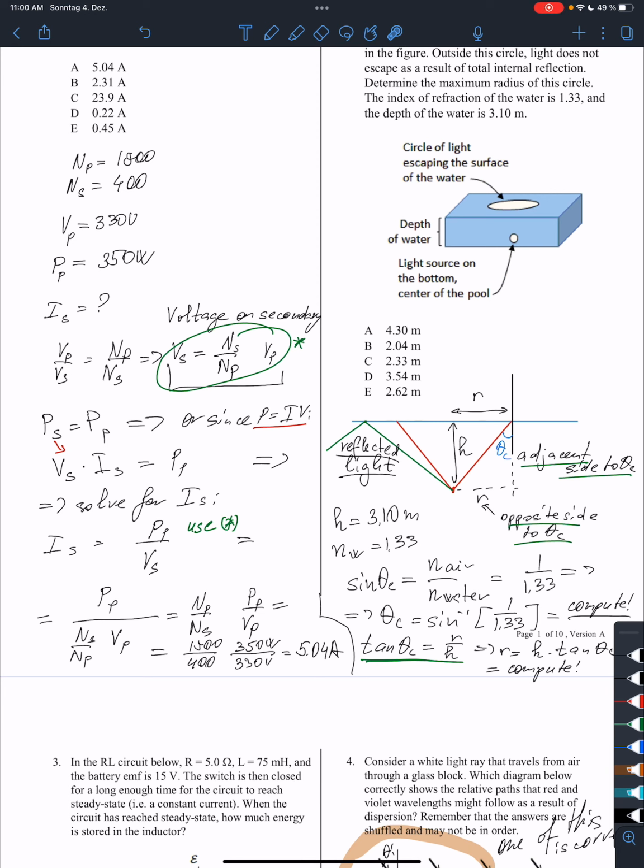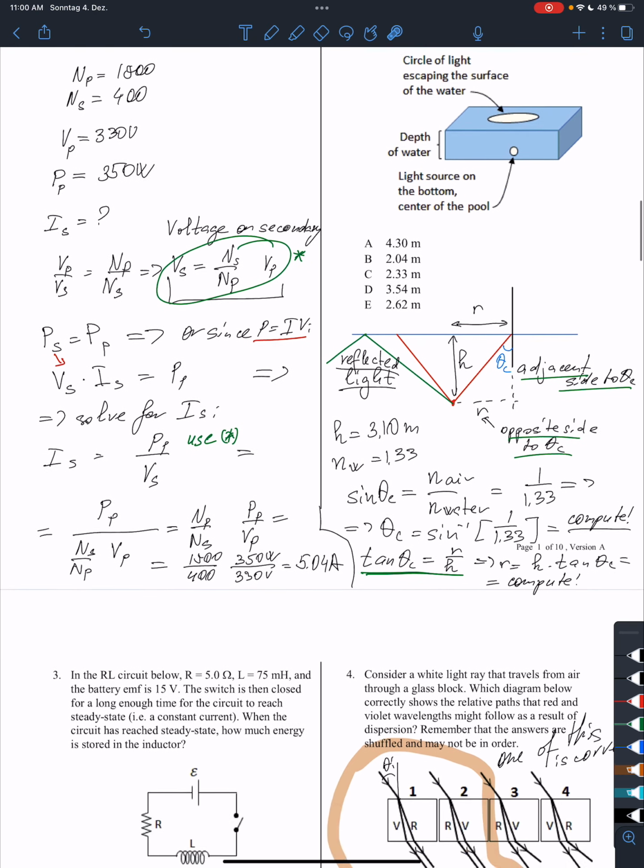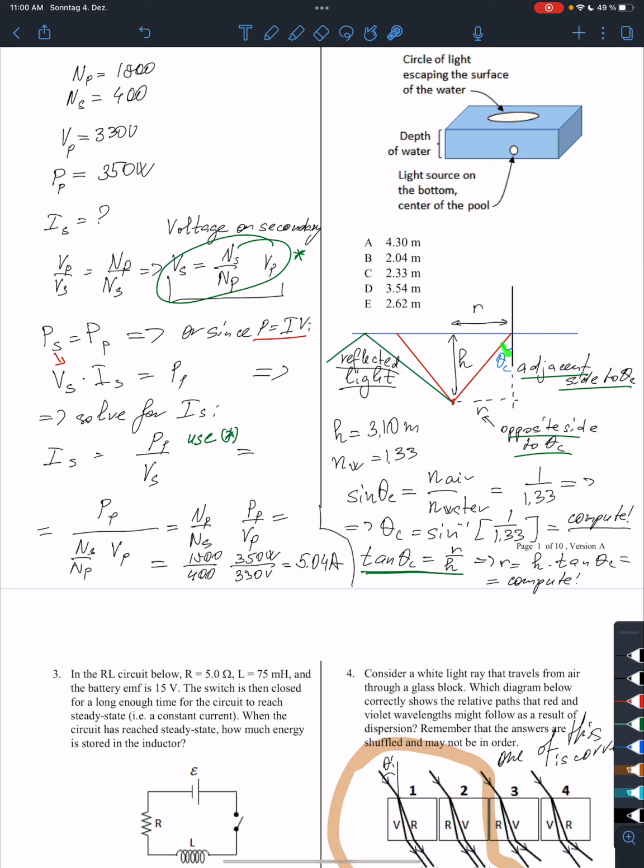Very good. So what do we do next? Well, we know that the tangent of theta c is given by the ratio of the opposite side to the adjacent side. That's the adjacent side, that's the opposite side. Well, the adjacent side we know, right? It's the same as h.